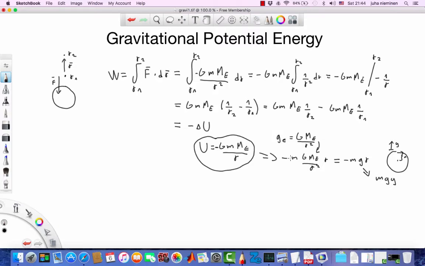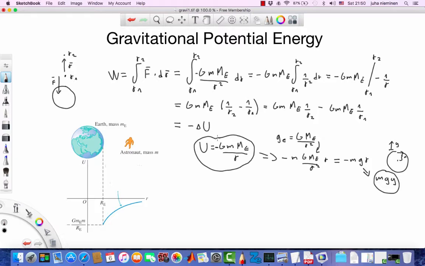Regardless of what is going on with the signs and definition of zero levels, what we saw was that the gravitational potential energy on Earth, this one, is just a special case of the universal gravitational potential energy. Just like Newtonian mechanics that we have been studying so far are just a special case of Einstein's general theory of relativity.